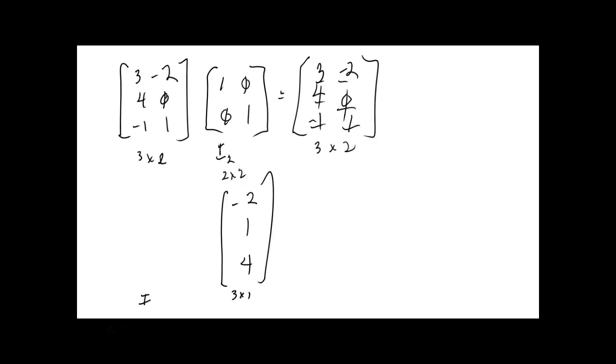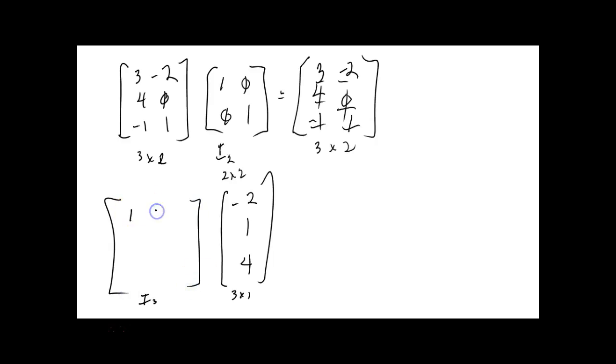What by 3 is square? The second one is the number of columns. If that's 3, how many rows have you got to have? 3. 3 by 3. So that has to be an I3. Now you tell me what the I3 looks like.